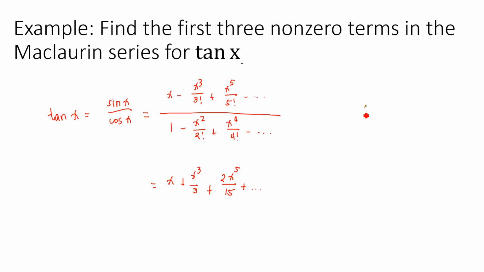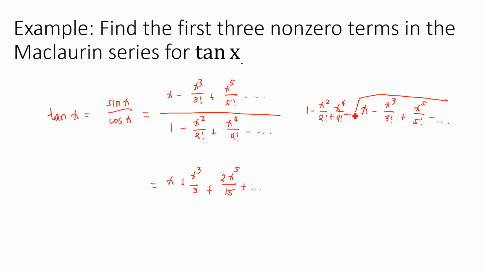x minus x cubed over 3 factorial plus x to the fifth over 5 factorial minus so on, divided by 1 minus x squared over 2 factorial plus x to the fourth over 4 factorial minus so on.